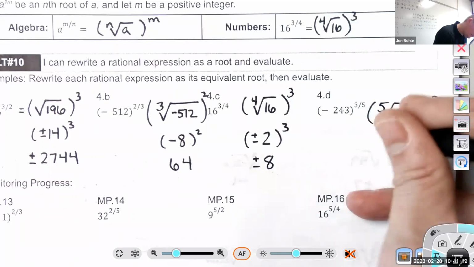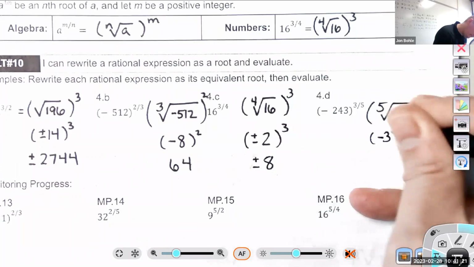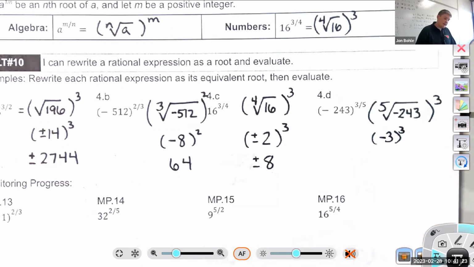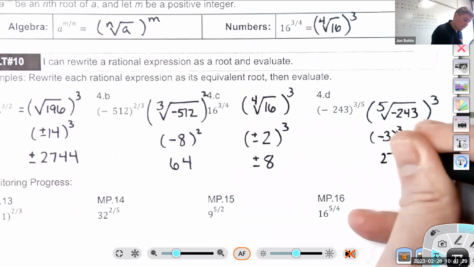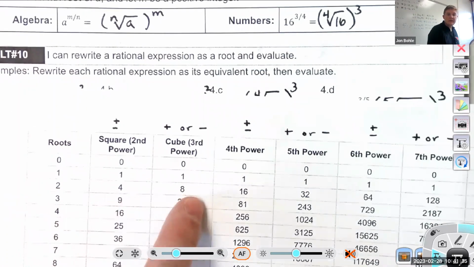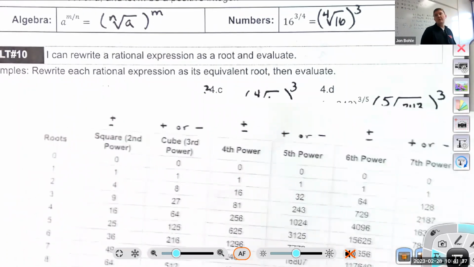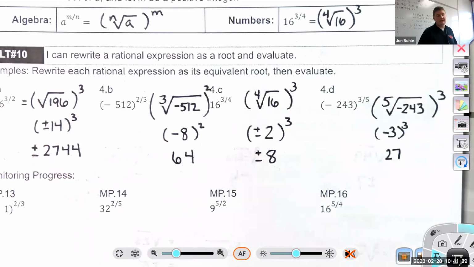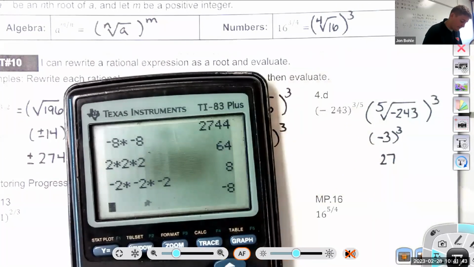It is. Negative 3 to the third power. So we know it's going to be 27 because you go 3 to the third, 9, 27. It's a matter of whether it's positive, negative, or plus and minus. Well, if you're not sure, just check.